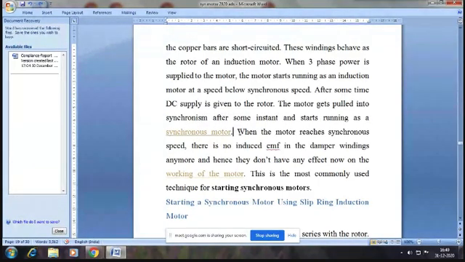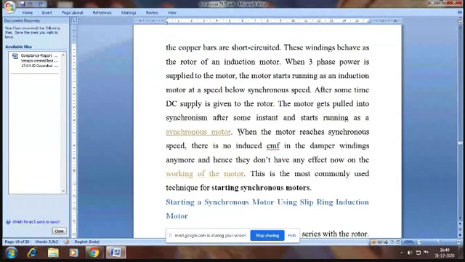Though it was running earlier at a speed lower than synchronous speed, since we now give an additional excitation to the field that will pull it to the synchronous value, now the same machine works in synchronous mode. Any doubt here?